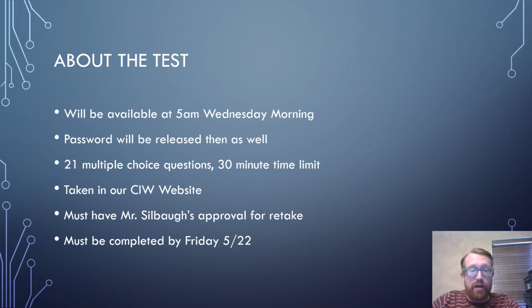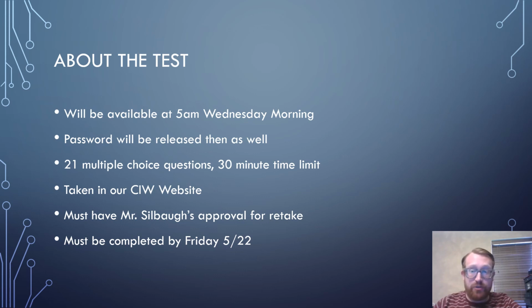The reason why is because it must be completed by 5/22. We're getting to the end of the quarter, my grades are going to be due soon shortly. So my advice to you is to take this early, take it Wednesday or Thursday, and then if you need to retake, take it Friday. Because you really need to make sure you're studying for this, because grades are going to be due for me rather quickly, probably either next week or the week after.